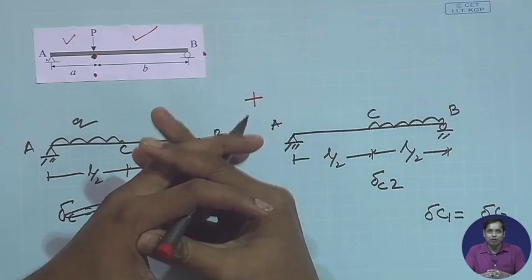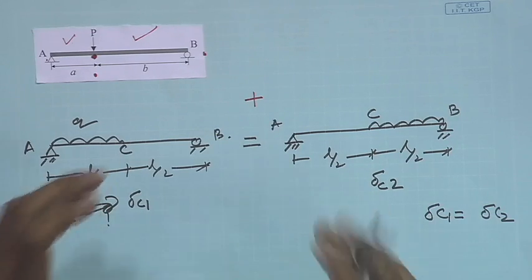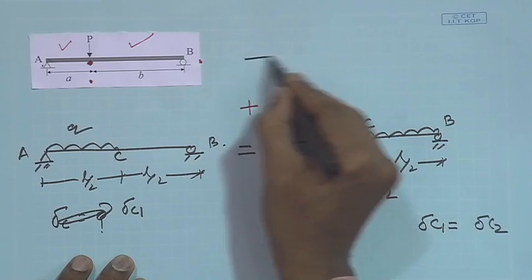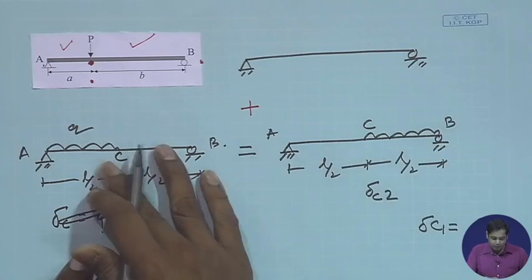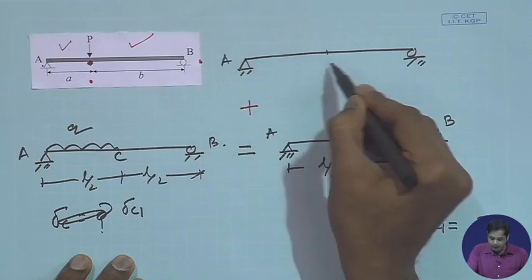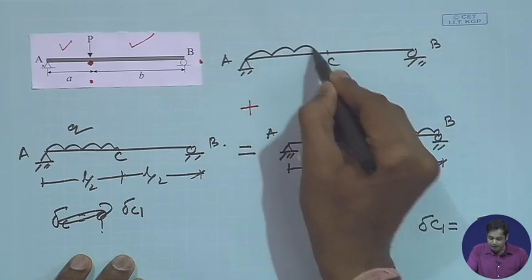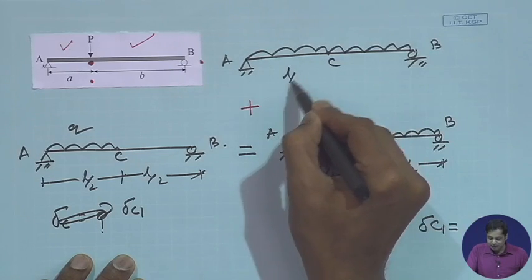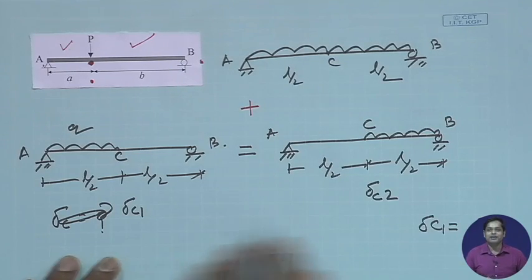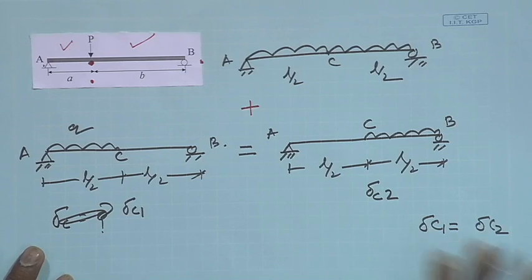If we add these two problems using the principle of superposition, then what problem do we have? From this problem A, C, B, and from this problem L by 2, L by 2. So it is a simply supported beam subjected to a uniformly distributed load.